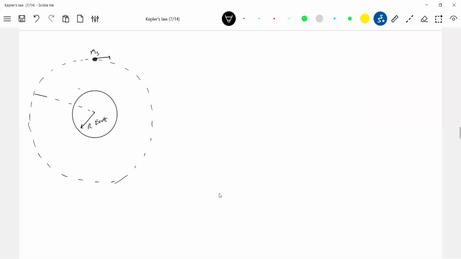This is the satellite. Mass of Earth, let it be Me. This is m0. It has an orbital speed v0, and this is the radius of the orbit r.